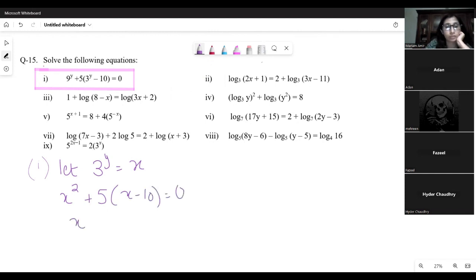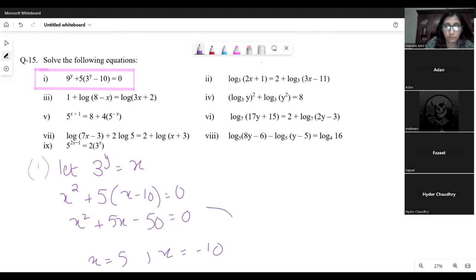So we have x square plus 5x minus 50 equals 0. Can this be factorized? 1, 5, minus 50. Yes, it can be. x equals 5 and x equals minus 10.